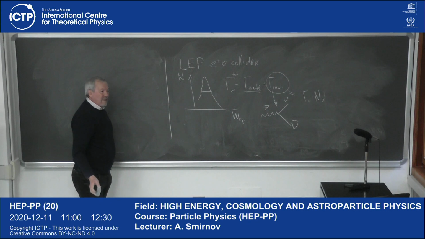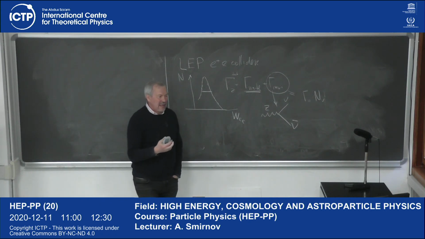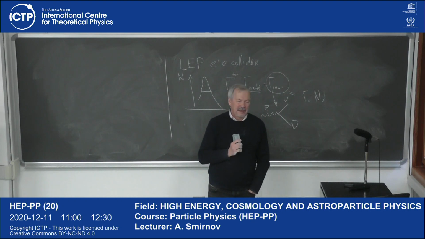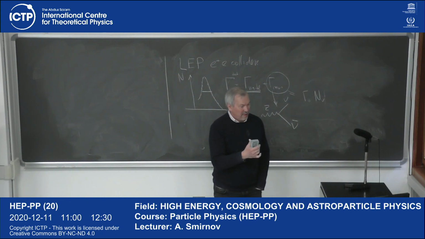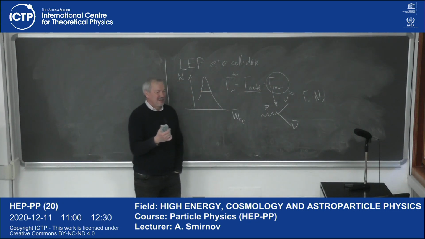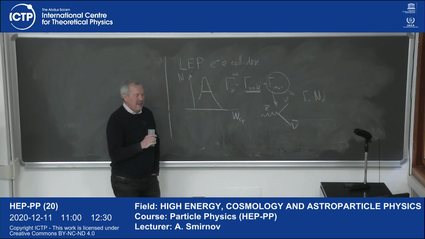There are a few more discoveries. We haven't discussed the discovery of the top quark and tau neutrino. These are kind of final discoveries, and also the Higgs boson, right? So what is left to discuss is the Higgs boson, the discovery of the tau neutrino, and the discovery of the top quark.